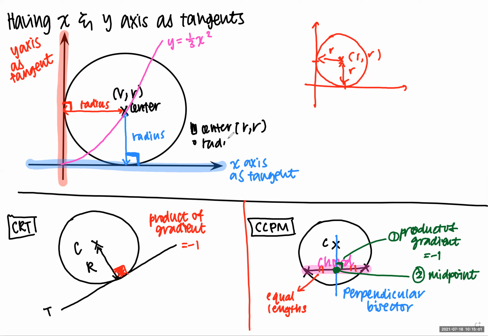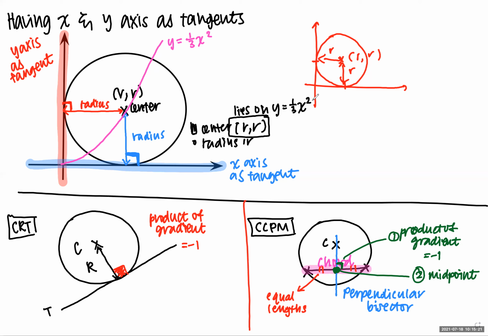And we know that the radius is R. Right, guys? So can you see the center (R, R) lies on y equals 1/3 x squared.